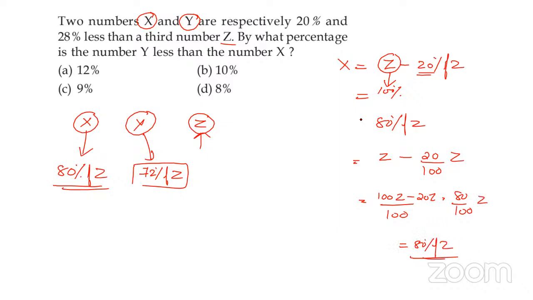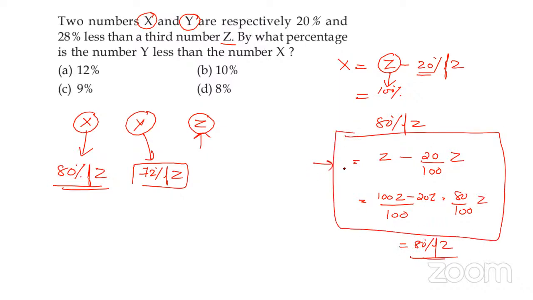But you don't need to do these steps because you lose time. So directly, if x is 20% less than z, you can write it as 80% of z, and y is 28% less than z, so you can write it as 72% of z.